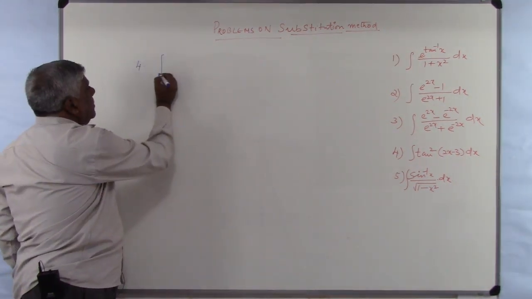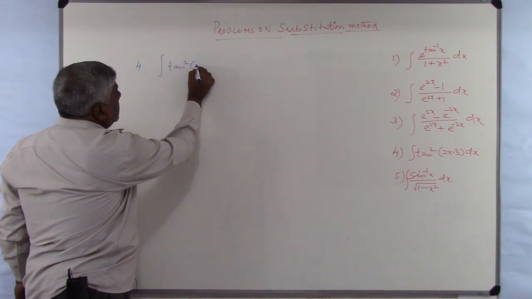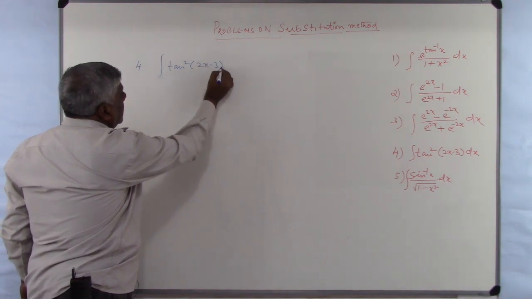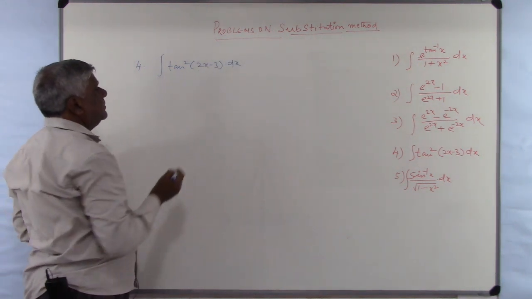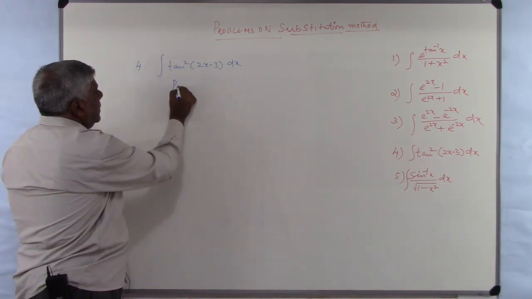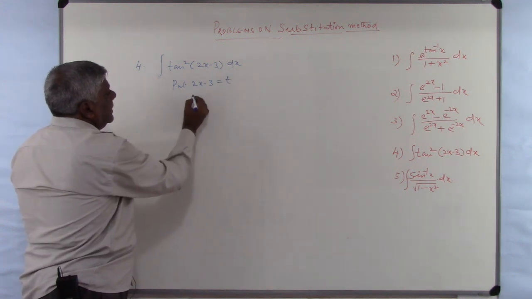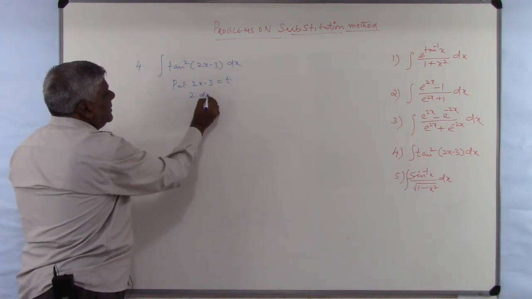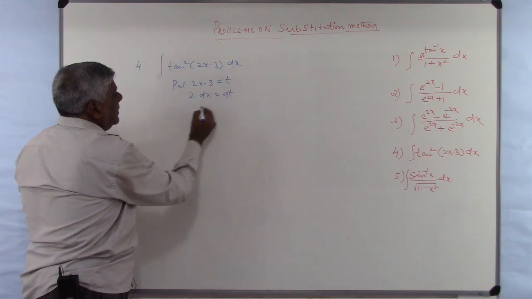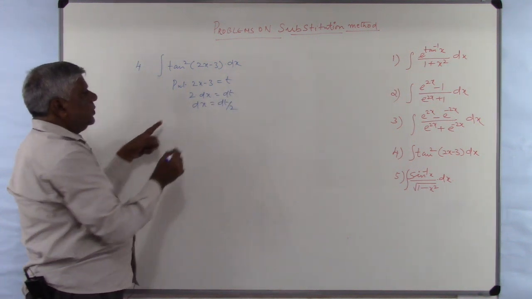Now, fourth problem: integral of tan square of 2x minus 3 into dx. This is the problem. Here also, put 2x minus 3 is equal to t. Then 2 into dx is equal to dt, or dx is equal to dt by 2.